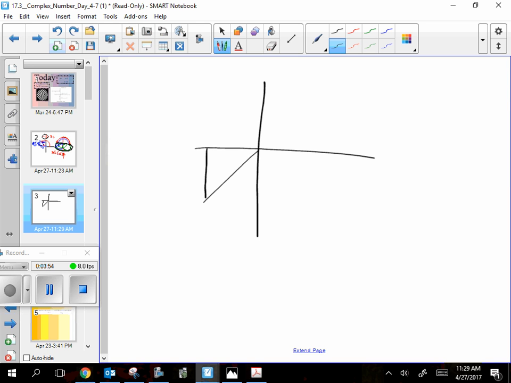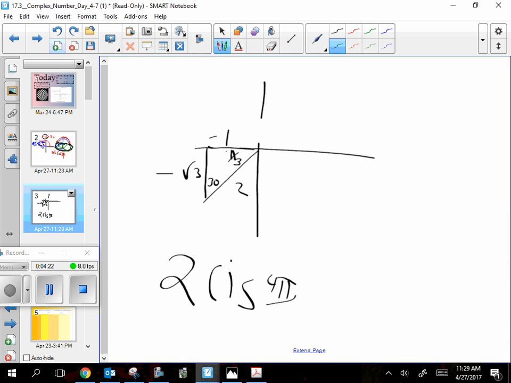Can you get how, if this was like pi over 3, and this was like negative, now let's use the numbers that are the classics for the 30, 60, 90. That makes this a 30, right? And that makes this a 1, 2, root 3, make some negatives. Do you get how it'd be really tempting to say that the cis form of this would be 2 cis, a bunch of pi over 3s, and you'd say 4 pi over 3, and you'd be wrong. I'd have to mark it wrong.